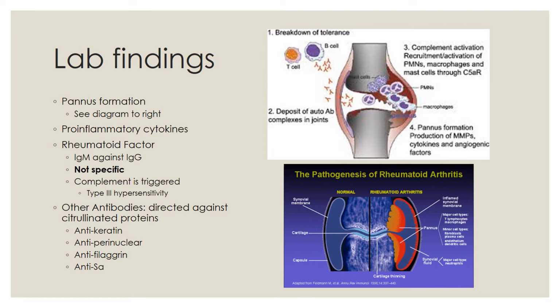The lab findings for RA: you kind of have to use both the clinical and the laboratory findings, again, to get a good diagnosis of RA. It's a little bit easier than SLE, but it's still somewhat difficult, okay? Usually, the patient is going to go to the doctor with joint pain.